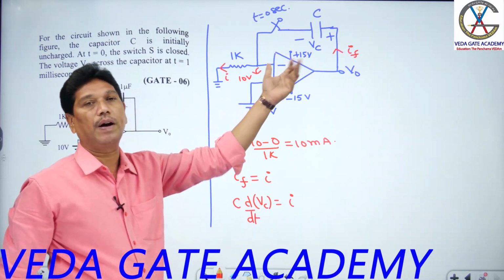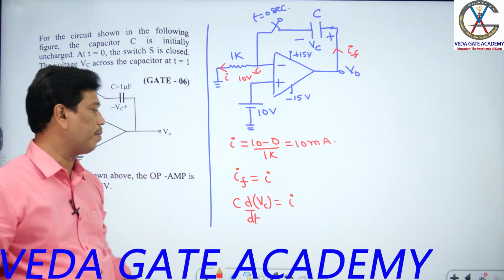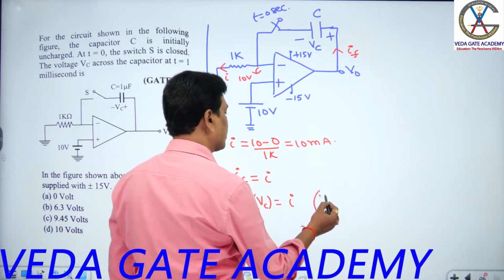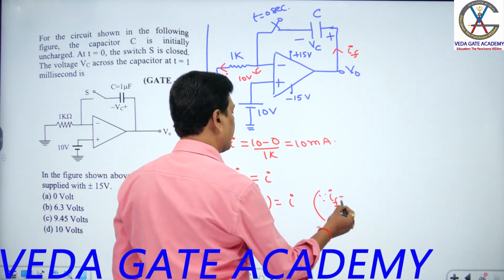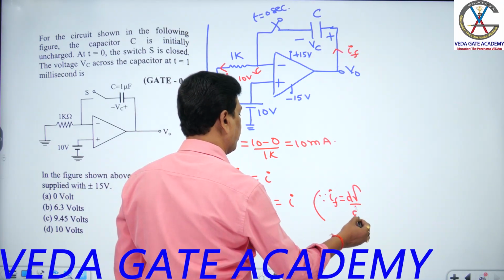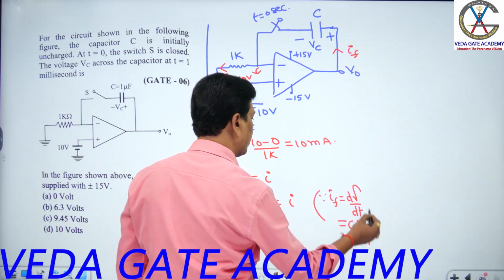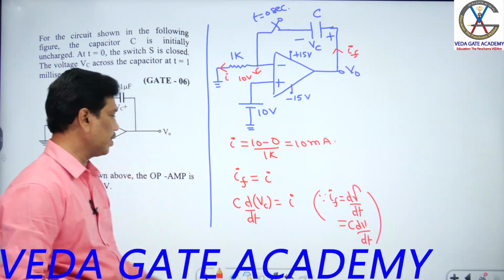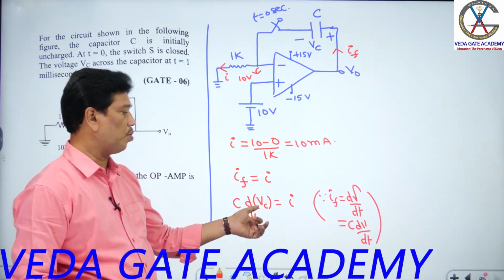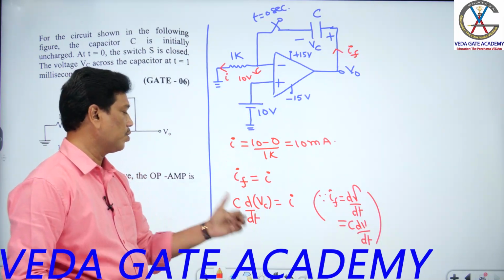Using the formula I equal to dq by dt, that equals C into dV by dt, where V is the voltage of the capacitor, Vc.